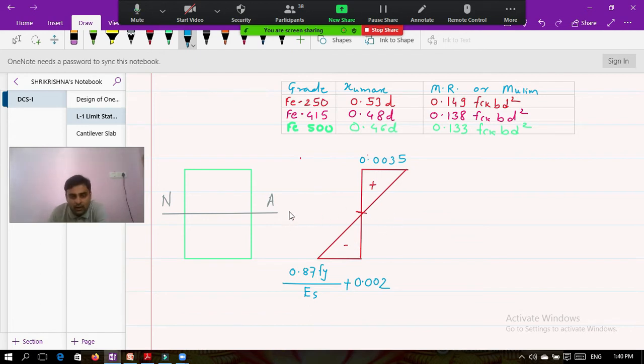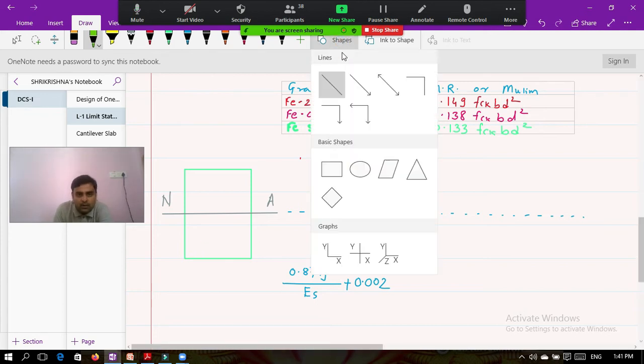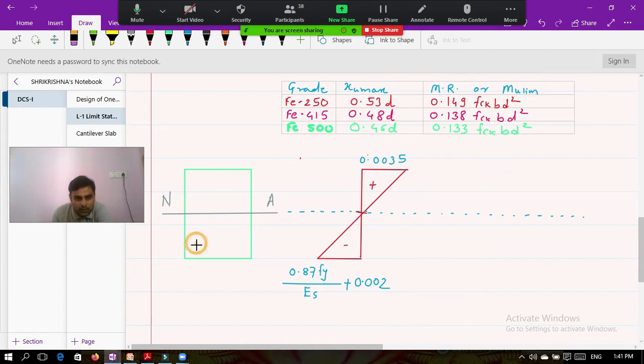If I project this neutral axis further, to draw the stress distribution diagram, now suppose that the reinforcement is provided in the beam here.